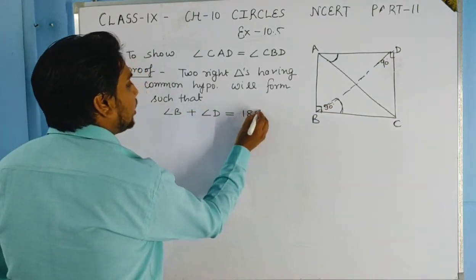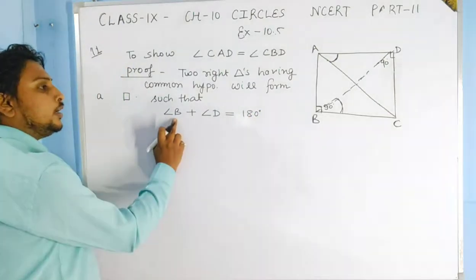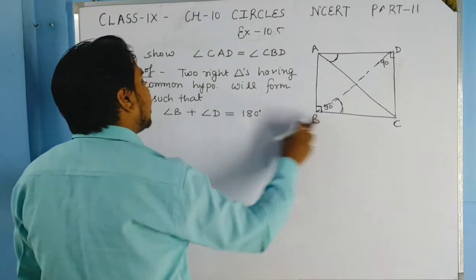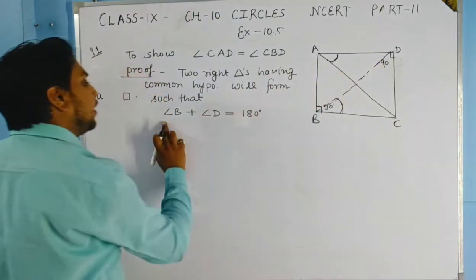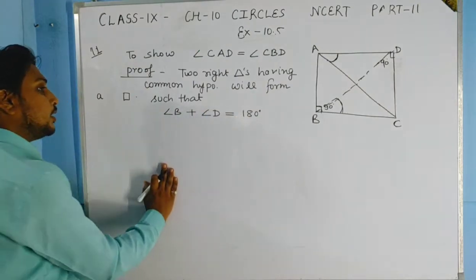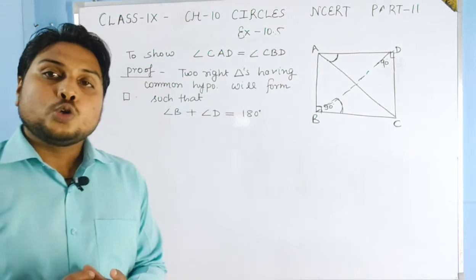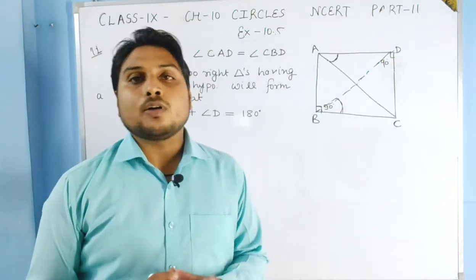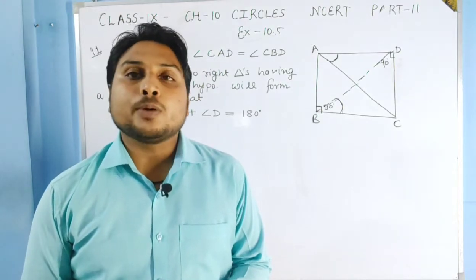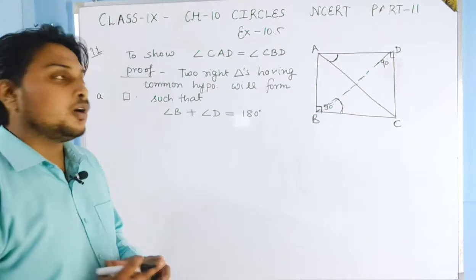It is equal to 180 degree, because you know here that the value of angle B is given 90 degree, and the value of angle D is also 90 degree. Then the sum of two opposite angles is 180 degree, so what type of quadrilateral will that be? That type of quadrilateral is called a cyclic quadrilateral.